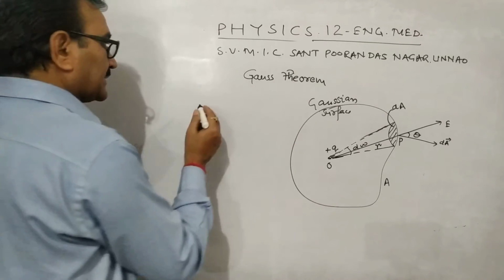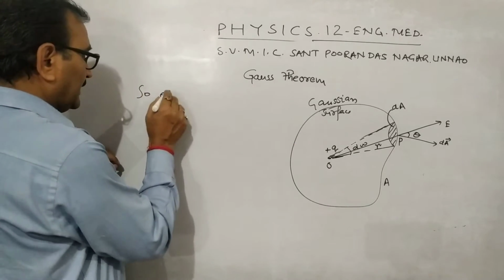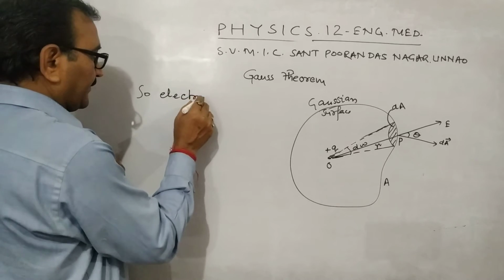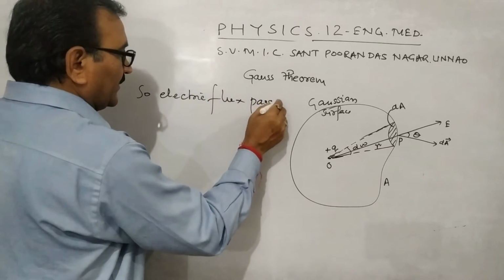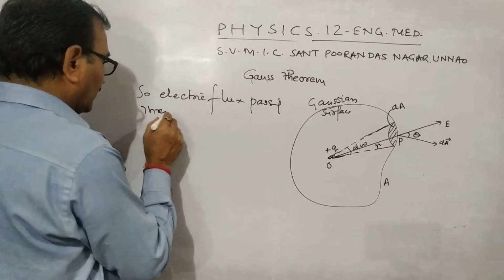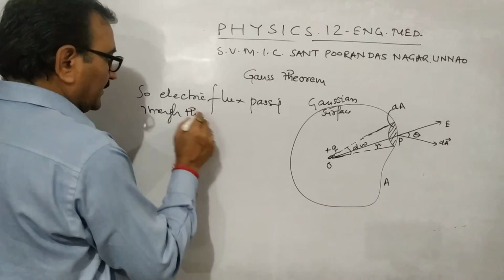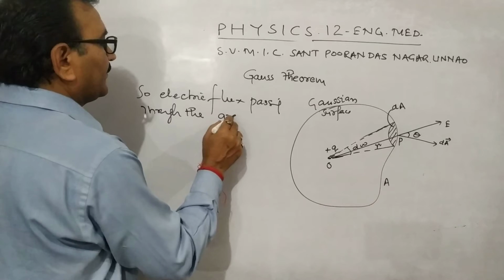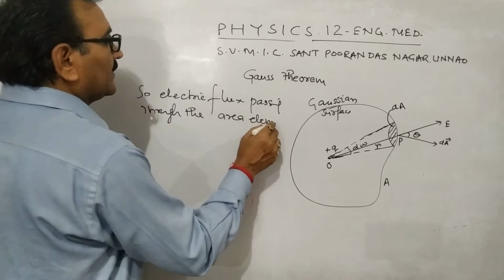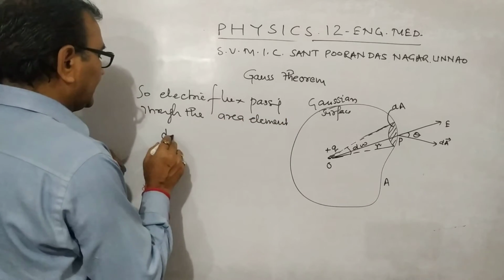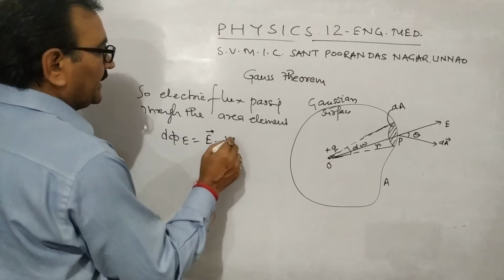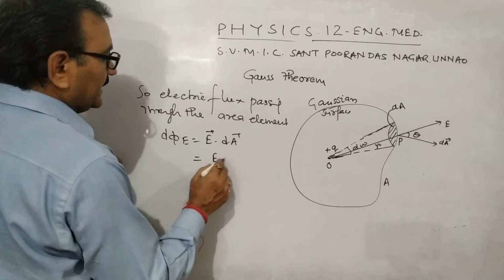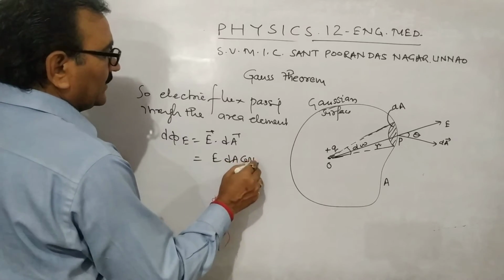So electric flux passing through the area element, that is d phi E, is equal to vector E dot vector dA, that is E dA cos theta.